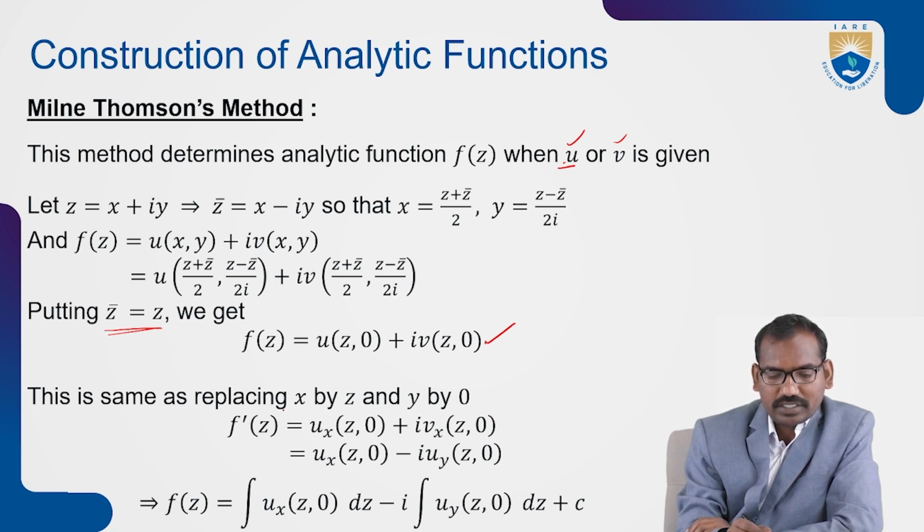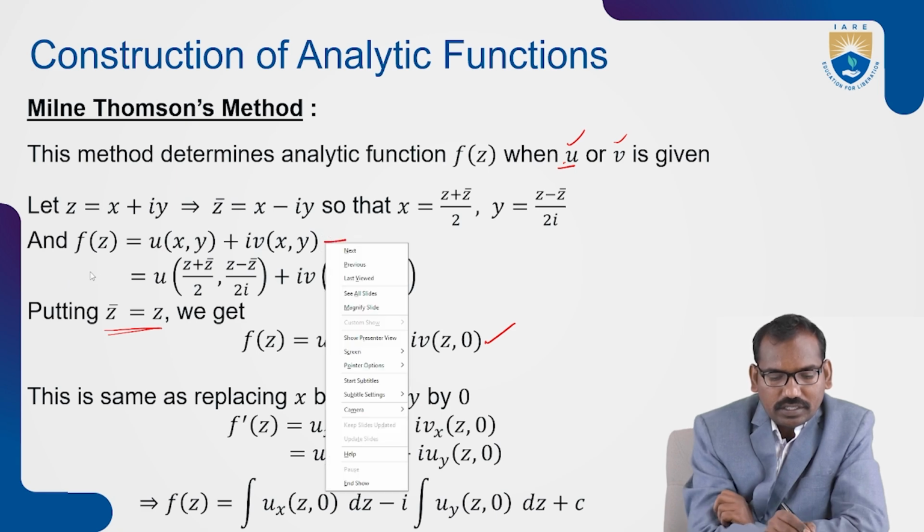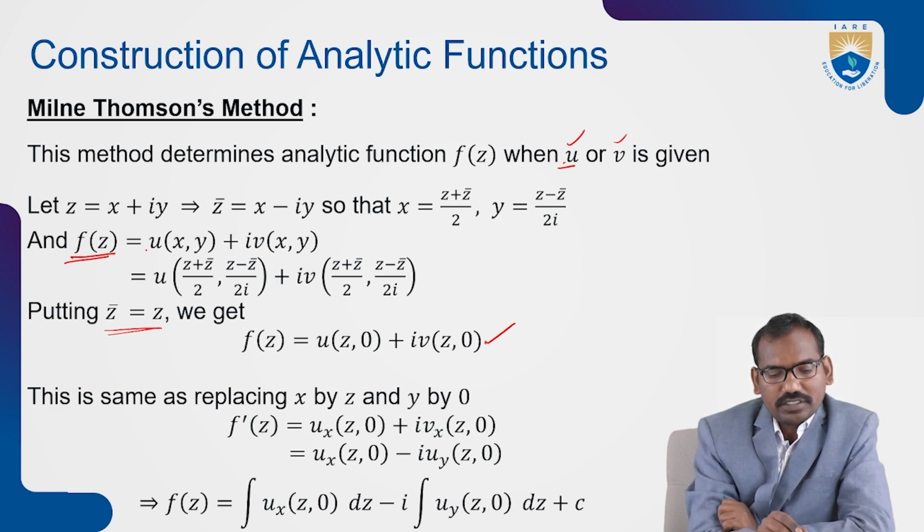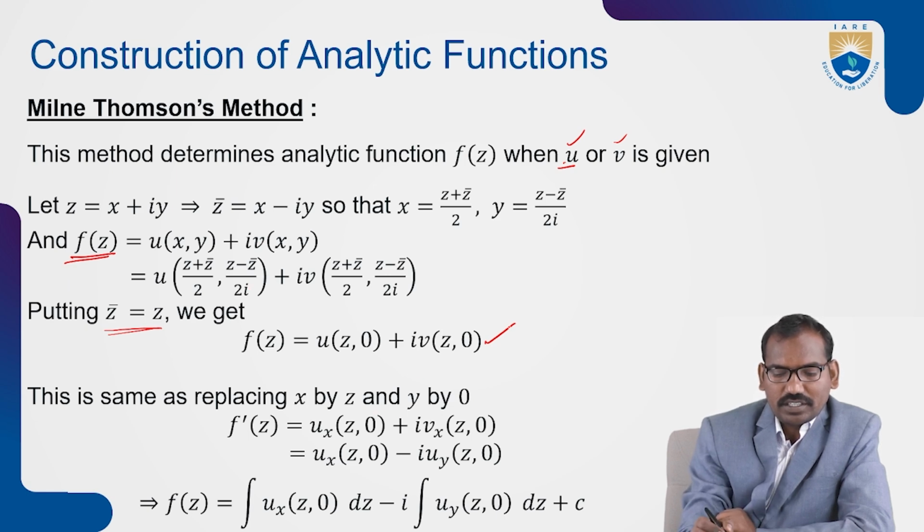This is the same as replacing x by z and y by 0 in f of z. See here, this is an identity: f of z equals u of (x, y) plus i times v of (x, y). In this identity, take x replaced by z and y replaced by 0. Then you get this new expression.